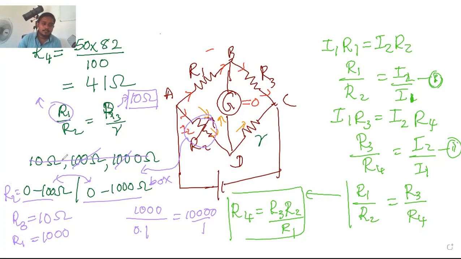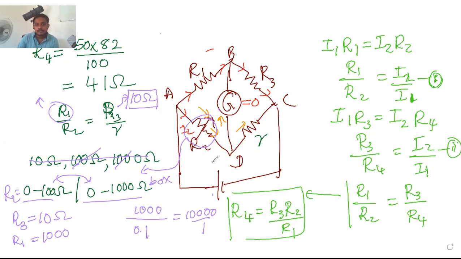And the last part, they said what would happen if we interchange this and this when it is balanced. Nothing will happen. No current is passing through this one. Even though it is connected to the battery, no current is passing through this one.